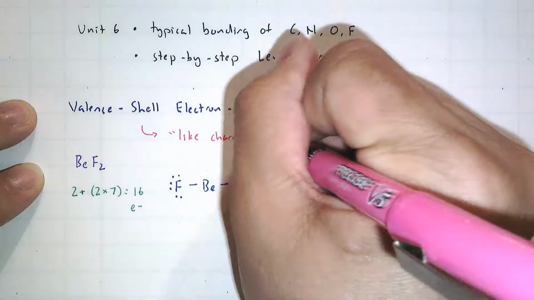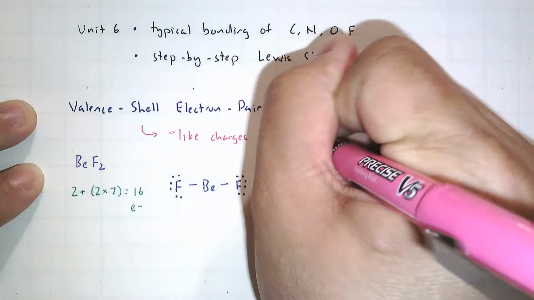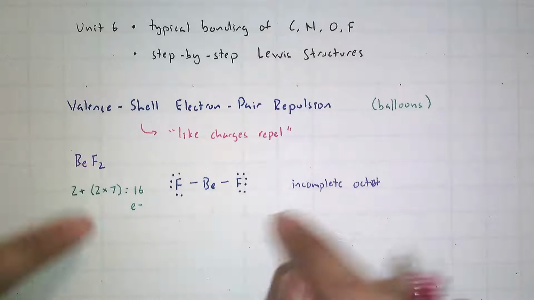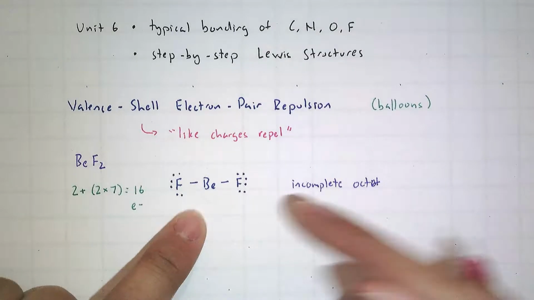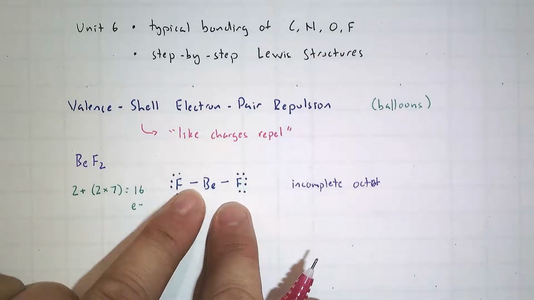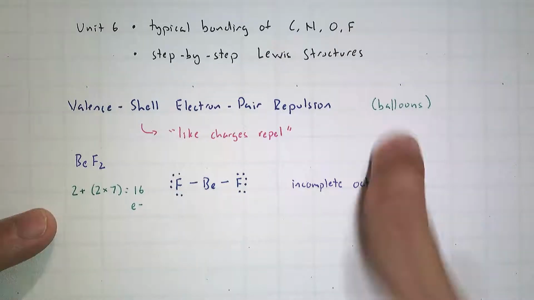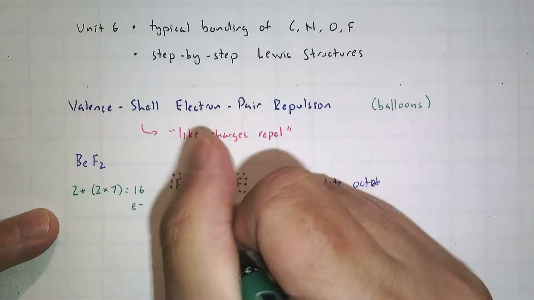So like charges repel, and the corollary is opposites attract. But here we're talking about repelling, because what is repelling in this molecule are the electron pairs of these bonds. And I did want us to think about these as balloons.